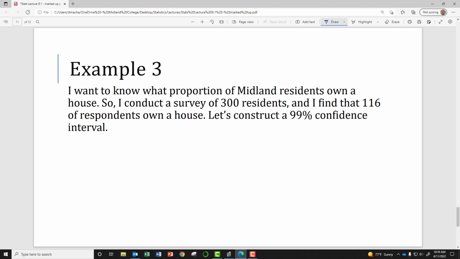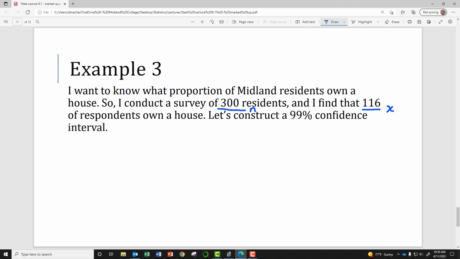So I want to know what proportion of Midland residents own a house. And I'm going to conduct a survey of, let's say, 300 residents. And I find that out of this sample of 300 residents, 116 of the respondents own a house.